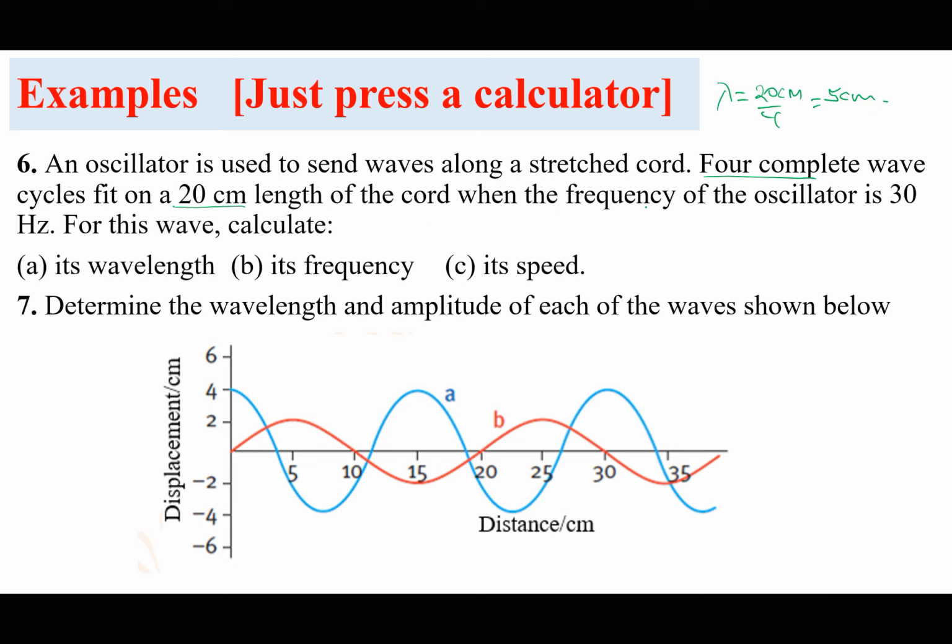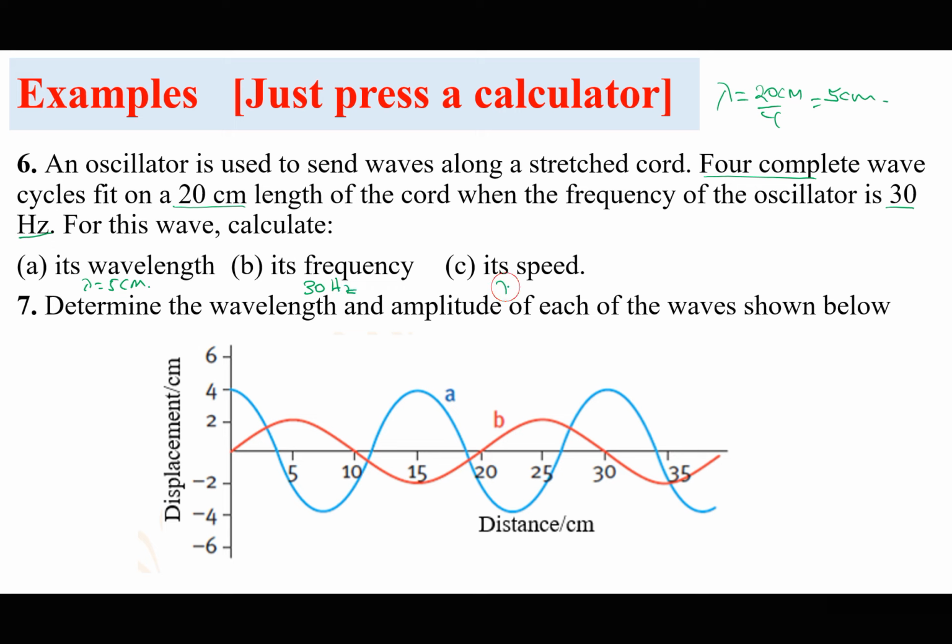Okay. When the frequency of the oscillator is 30 Hertz, for this wave, calculate its speed. So we have seen the wavelength lambda is equal to 5 centimeters. Because the frequency of a wave depends on the source, the frequency is still going to be 30 Hertz. The frequency of a wave depends on the source.